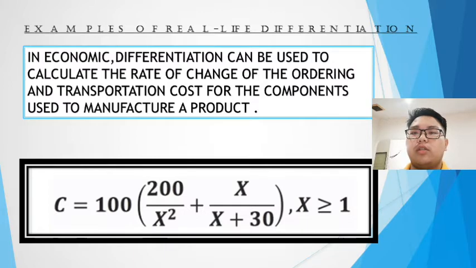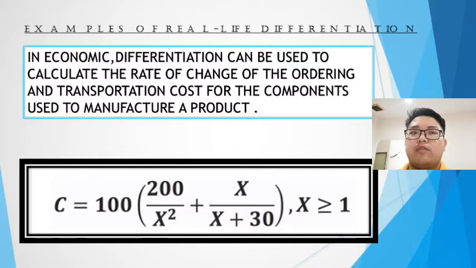For example, the transportation and order costs of the component used to manufacture a product can be calculated by using the function that we see in the slide, where C is the order and transportation cost and X is the order size.